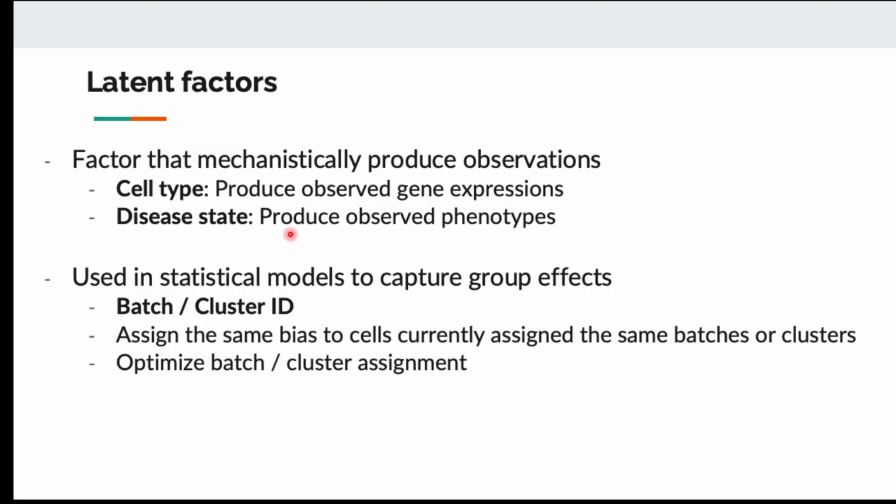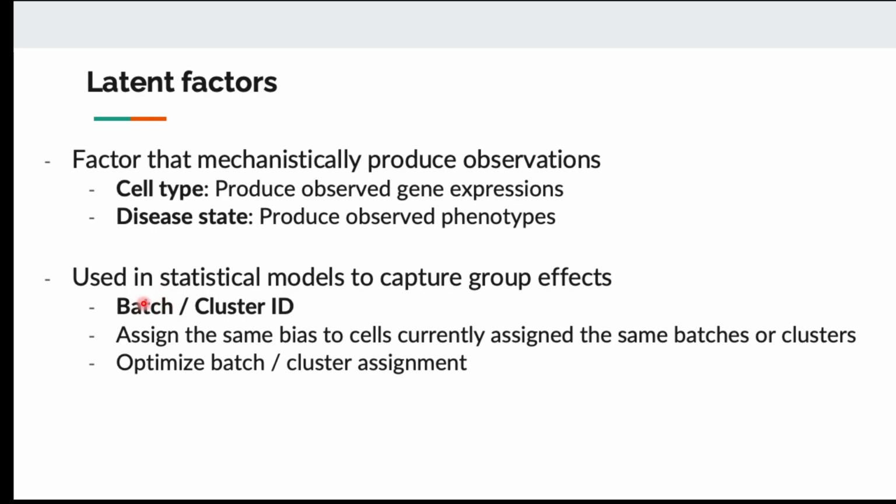So in statistical models, we also make use of latent factors, but in a hidden way. When we correct for the batch effect, or when we cluster cells into different types, the batch ID and the cluster ID are also latent factors because if we know them, we can model the effect.